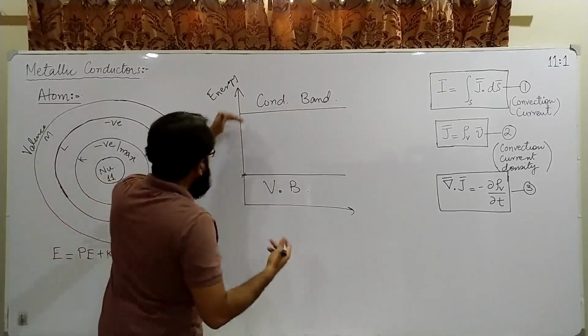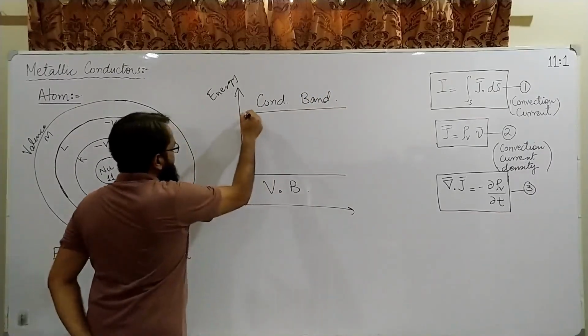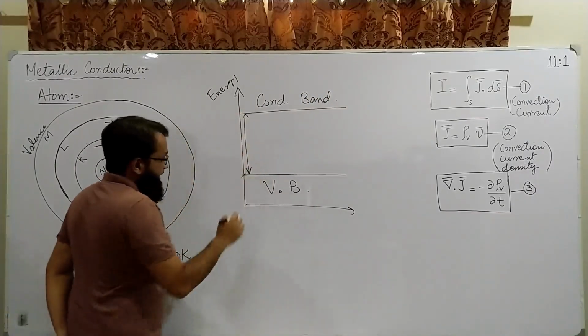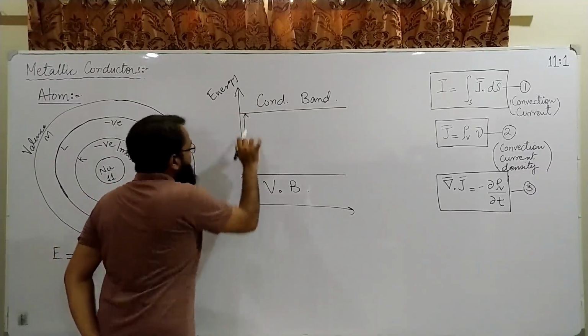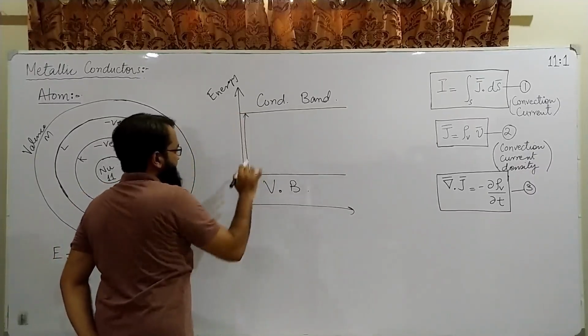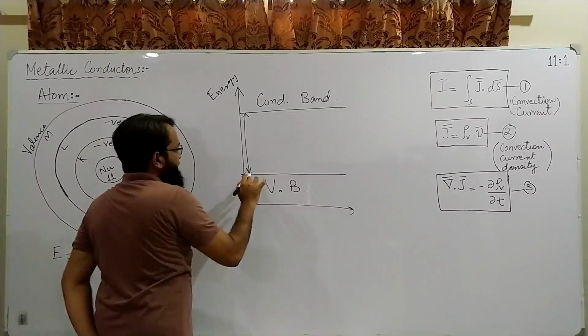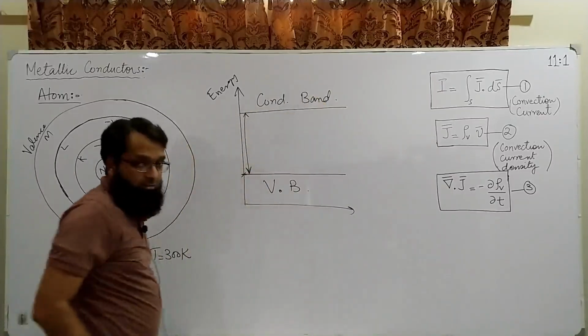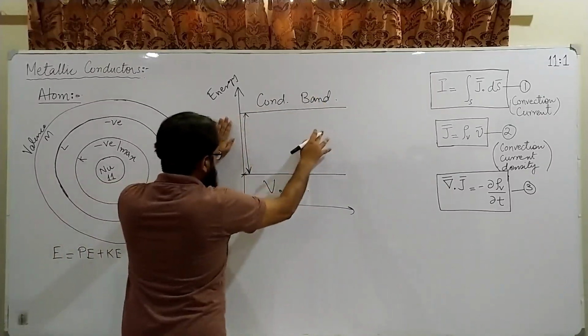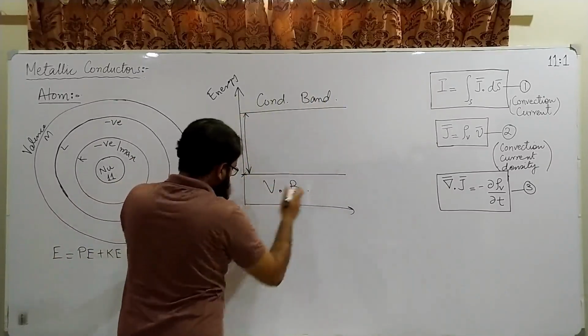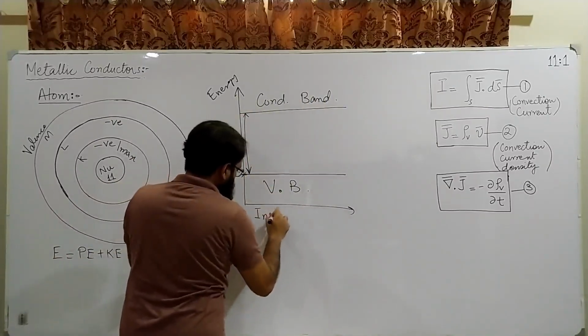If there is a huge difference between this and this energy, it means that electron needs a lot of energy to break away from its parent atom and go into the conduction band. If that is the case, then this material is known as an insulator.